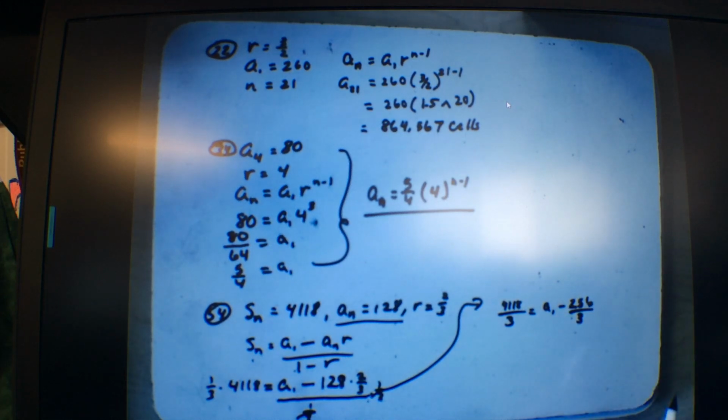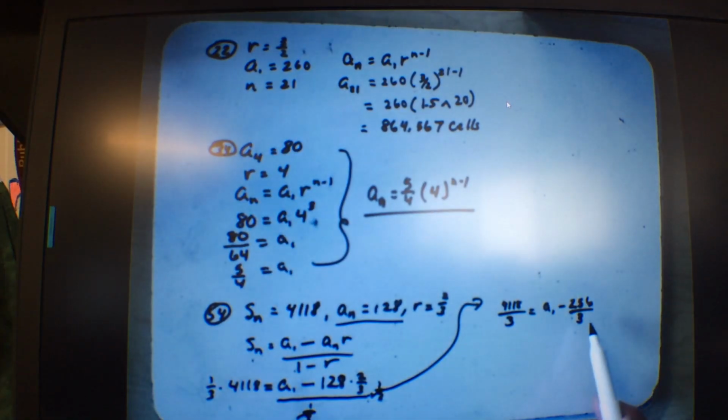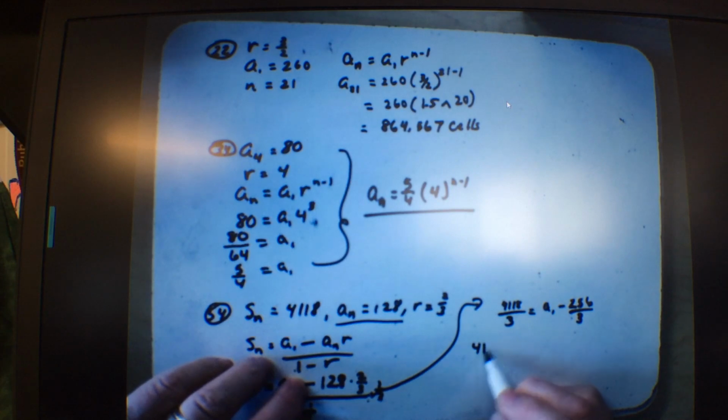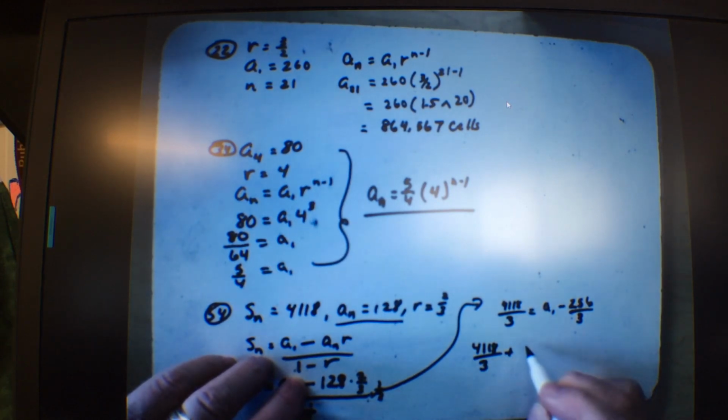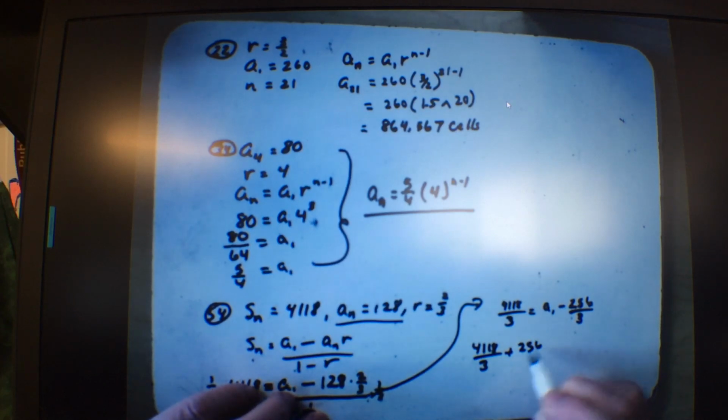Does anybody know why I left it in terms of thirds? Don't use 85.333. I'm going to add this to both sides, right? Because I'm subtracting it. As long as you got an exact answer. So I'm going to add 256 over 3 to both sides. That will give me a sub 1.